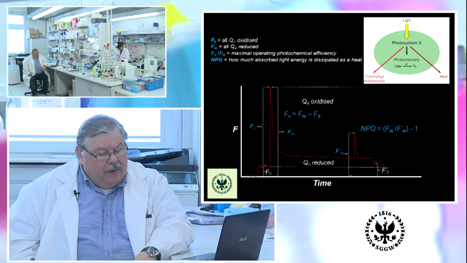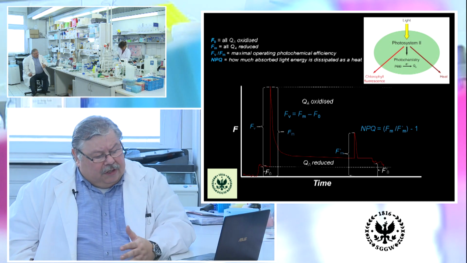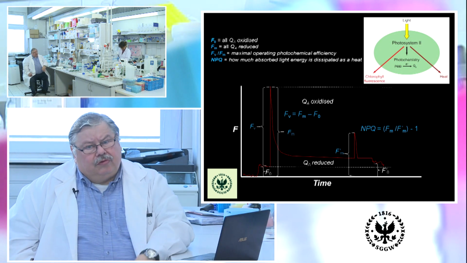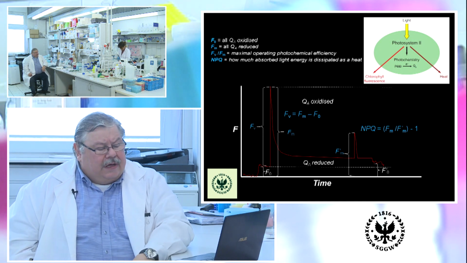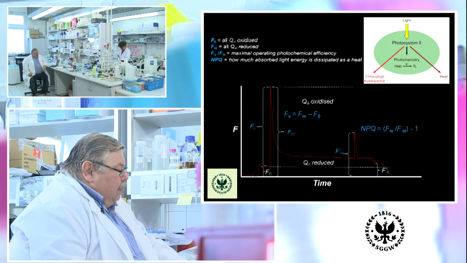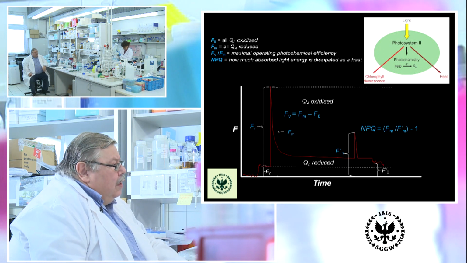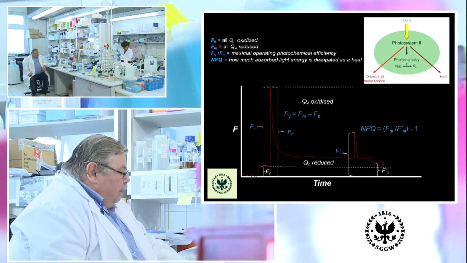Just for indication and to remind that non-photochemical quenching is described by a mathematical formula and it can be defined as a ratio of the maximum fluorescence to the maximum fluorescence prime minus 1.